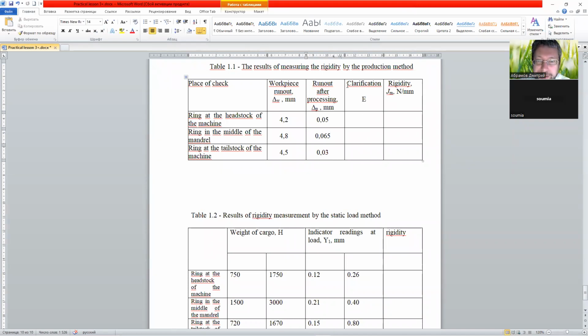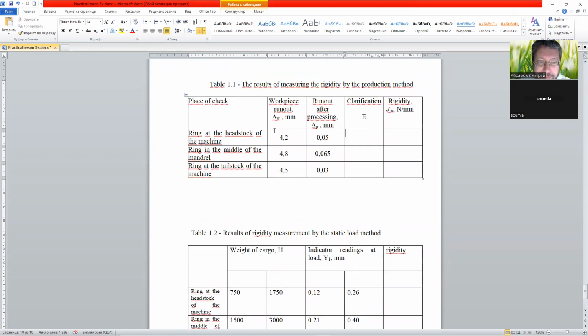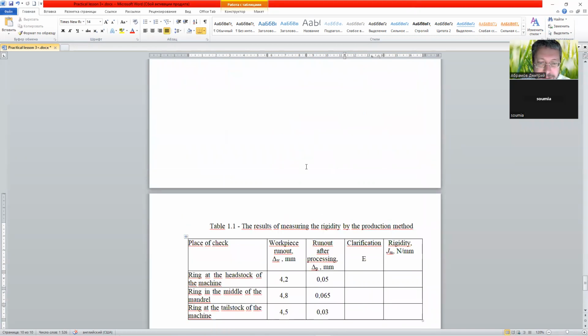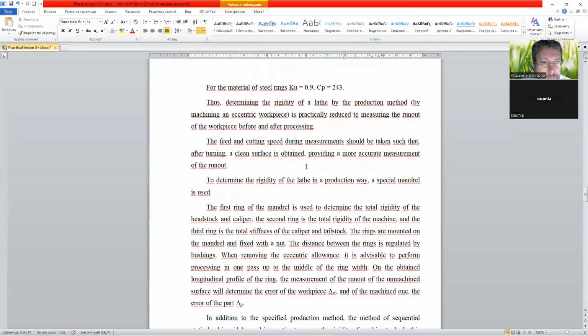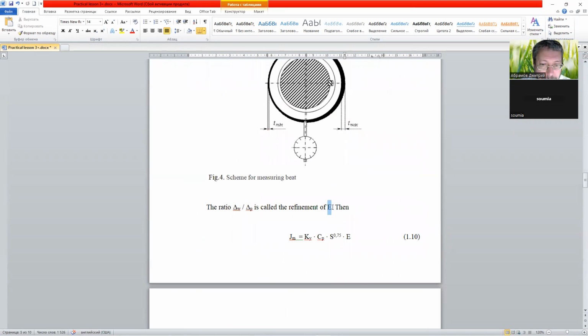Then we calculate the coefficient E. It is equal to delta_W divided by delta_P. After that, when you calculate E, you can calculate the rigidity of the machine, j_m.